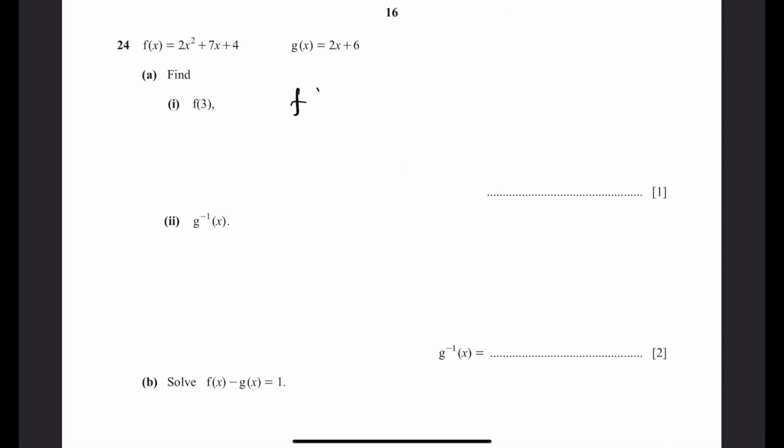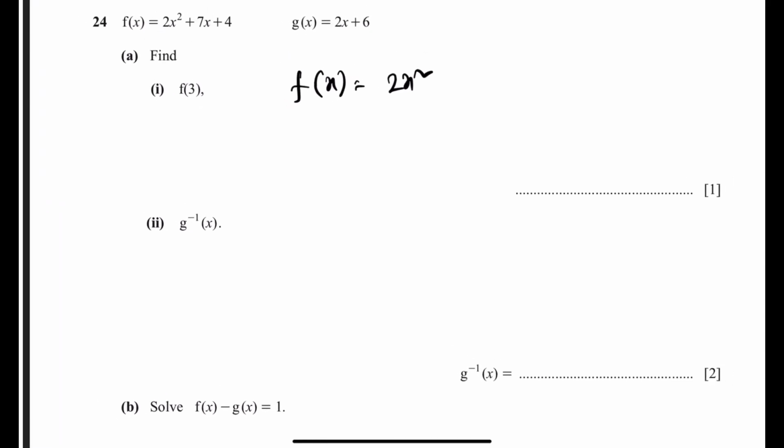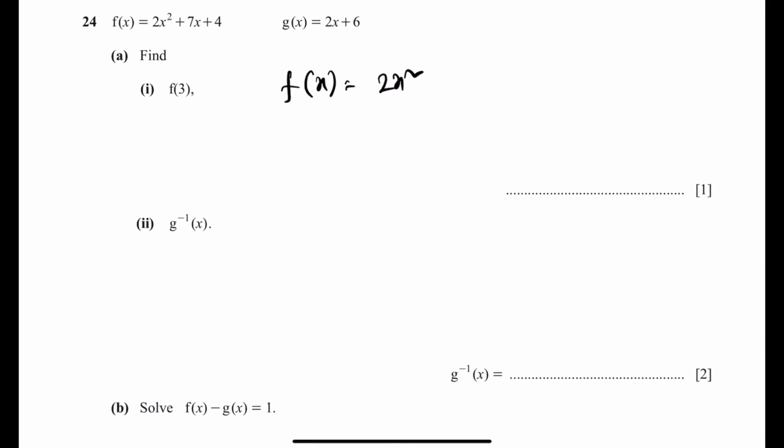f(x) equals 2x square plus 7x plus 4. Let me plug in x is 3. 2 times 3 square plus 7 times 3 plus 4.